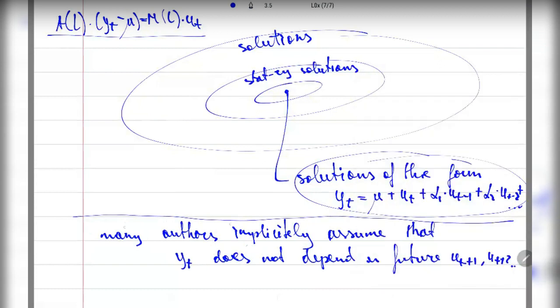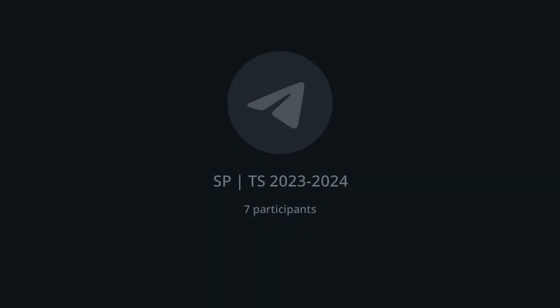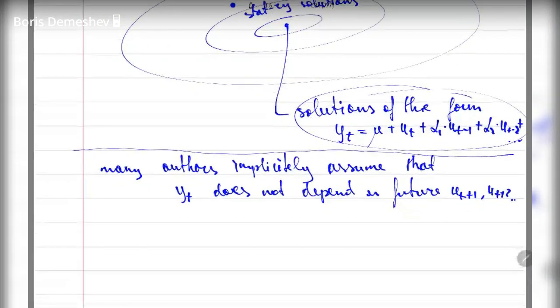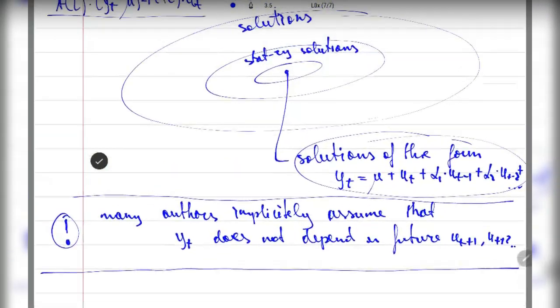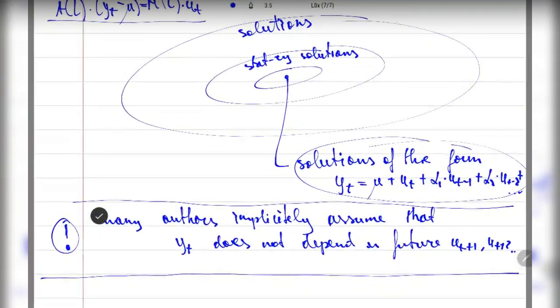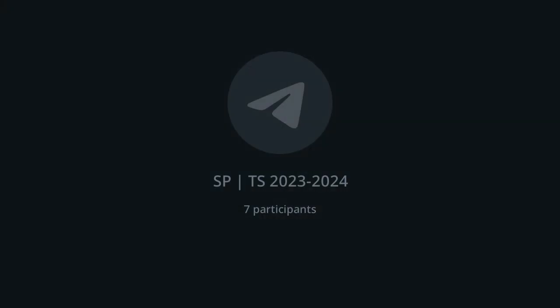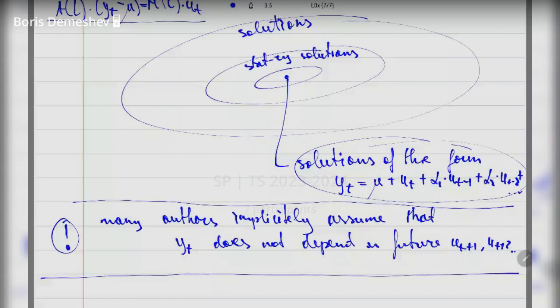So they implicitly assume this form. And that creates a problem for a student because from a mathematical viewpoint, that's a big difference. So you have solutions, you have stationary solutions, and you have a subset of stationary solutions of a specific form interesting to economists and other professionals. Okay, so let's consider more examples.